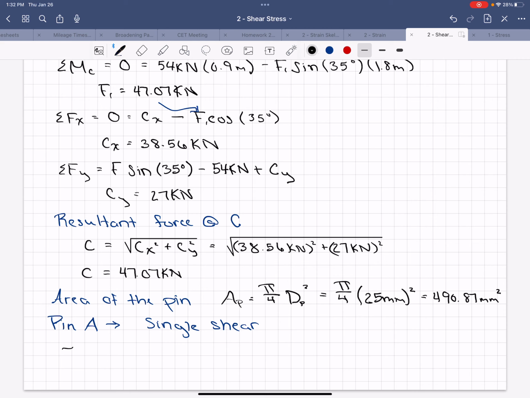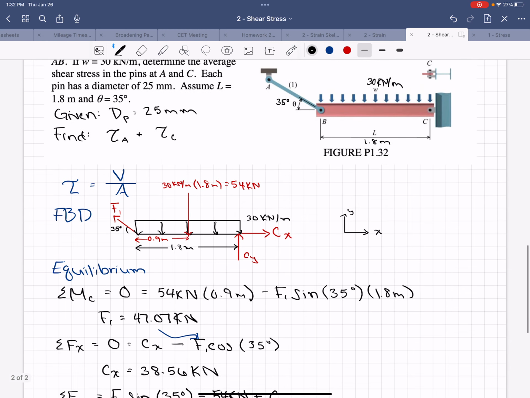the shear stress of pin A equals the shear force at A, which is just F1.